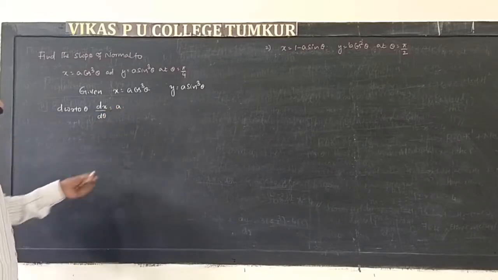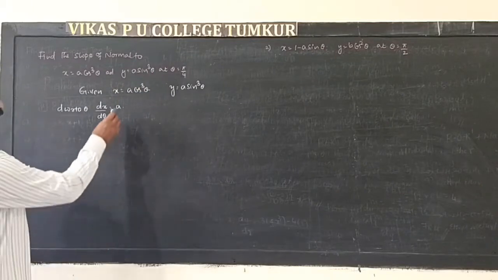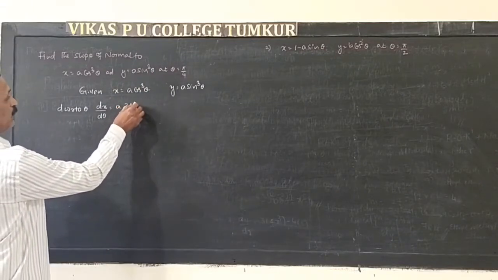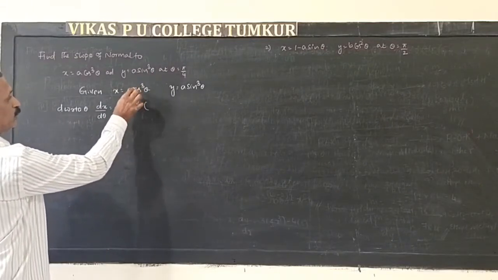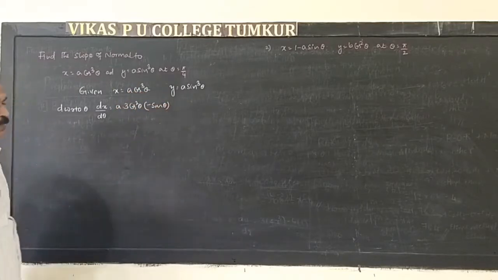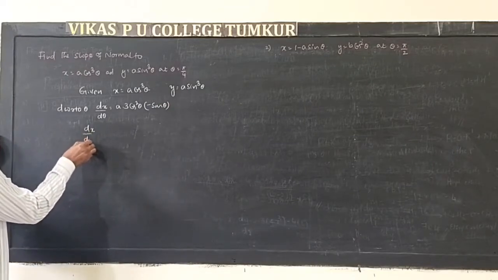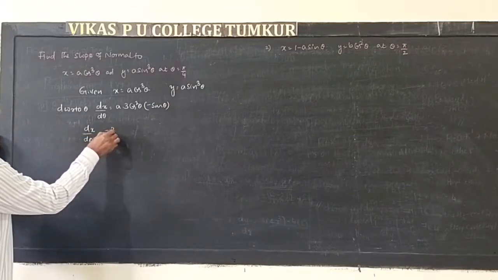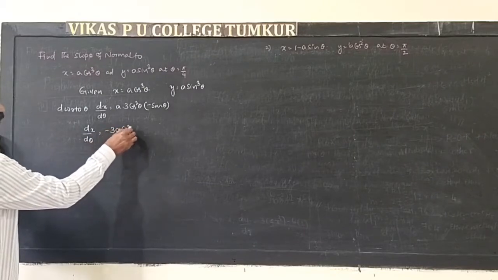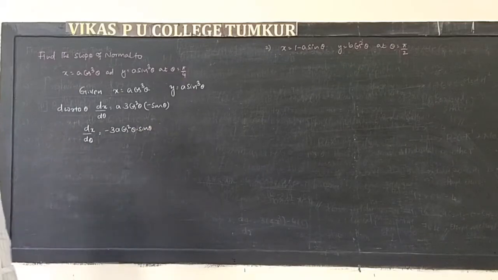Differentiation of cos cube theta: first cube differentiate. 3 cos square theta into differentiation of cos theta is minus sin theta. So shall I simplify? Your dx by d theta is equal to minus 3a cos square theta into sin theta.